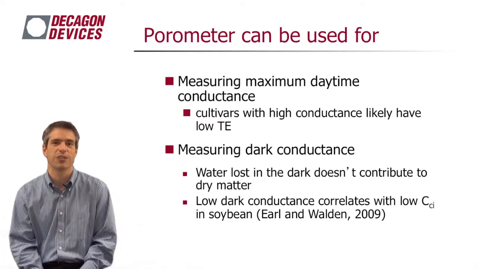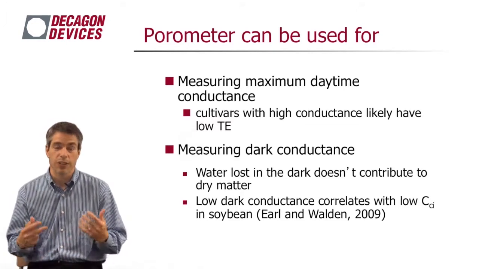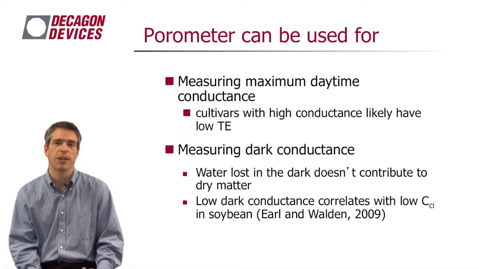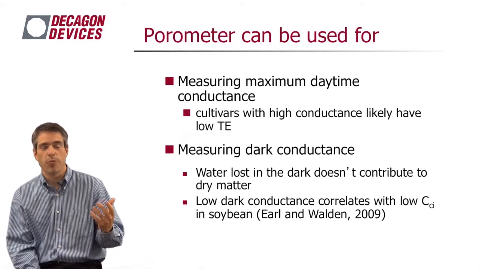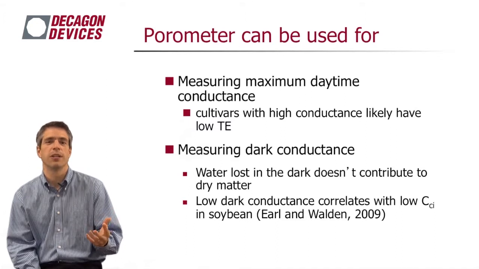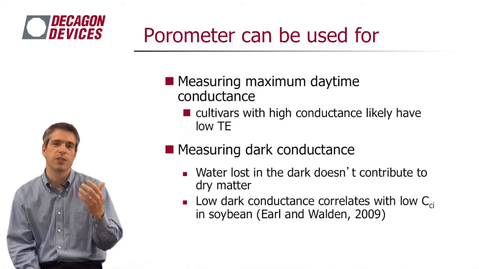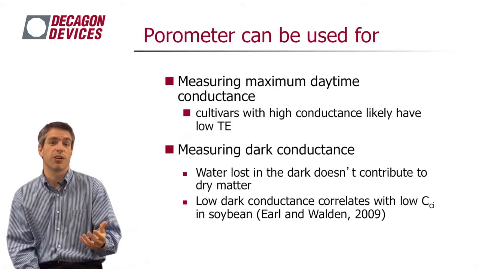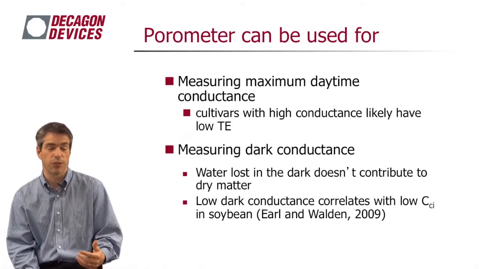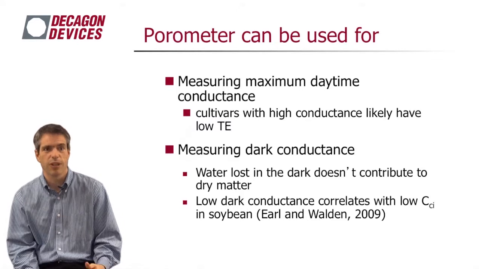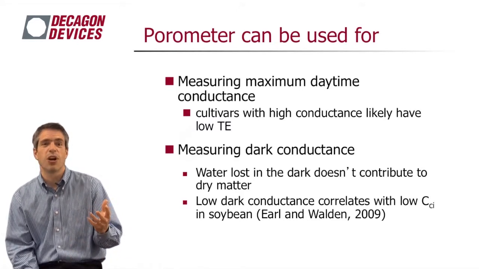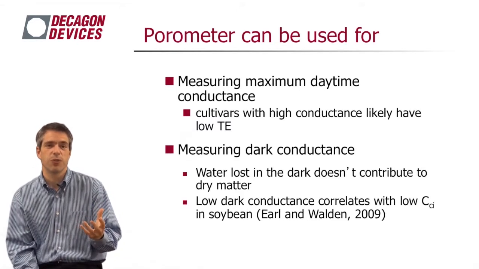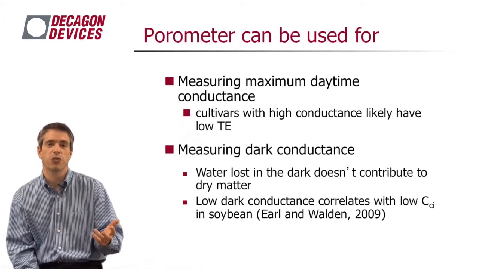And some recent studies have really brought out some interesting things that I think need more work done on them. But measuring dark conductance, what do I mean? Meaning the stomatal conductance of plants in the dark. Water loss during the dark obviously doesn't contribute to dry matter production or photosynthesis, but low dark conductance actually has been found in soybeans to correlate with low concentrations of CO2 inside the leaf.